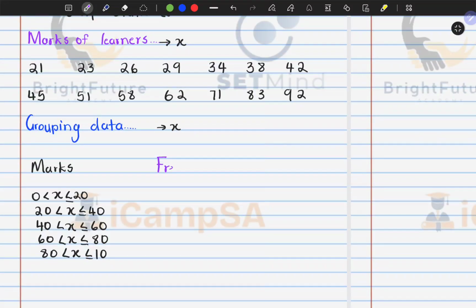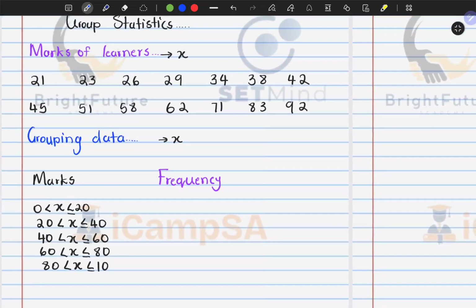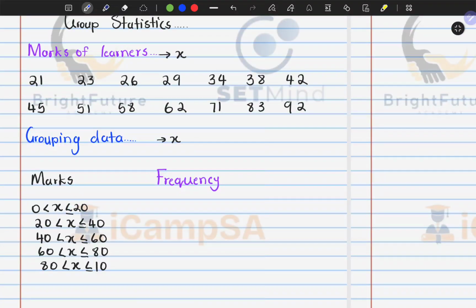So this is where we now look at our data. How many of these marks fall within 0 and 20? If you look carefully, we have no mark that is between 0 and 20. So our frequency is going to be 0. Then between 20 and 40, you will see you have this, this, this, this, this, this.